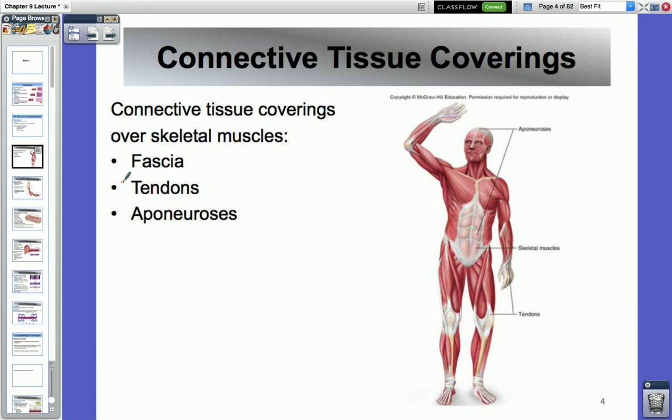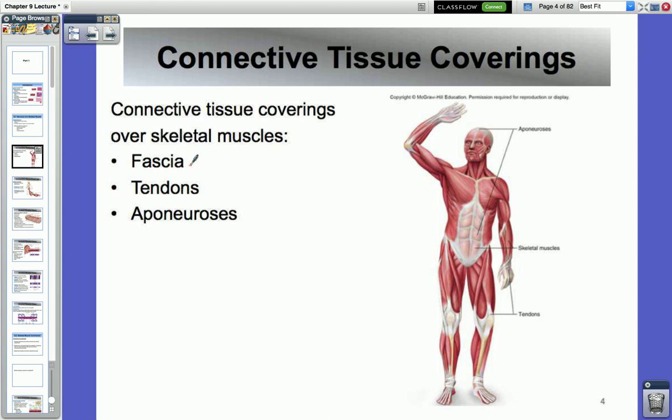So around muscles, I'm sure you all have heard of tendons before. A tendon is a structure that joins a muscle to a bone. Fascia is a layer of connective tissue that surrounds a muscle.